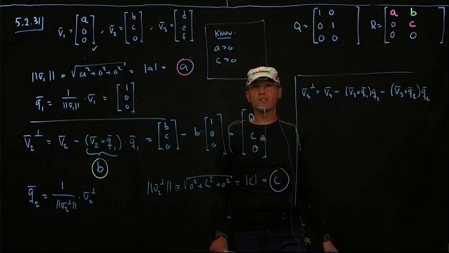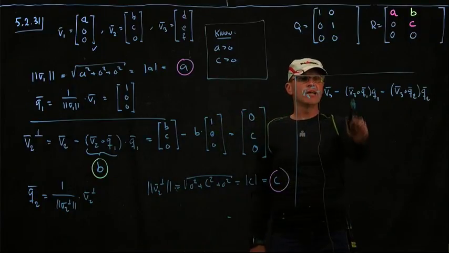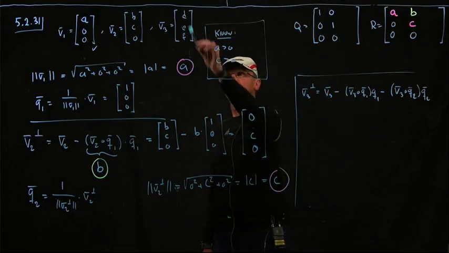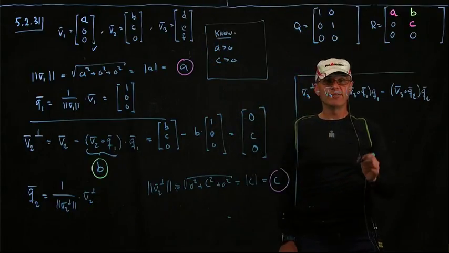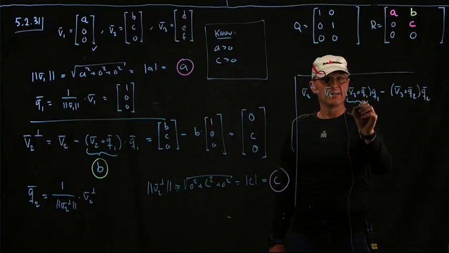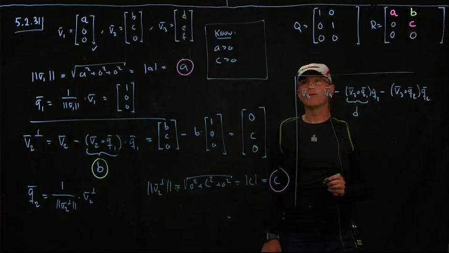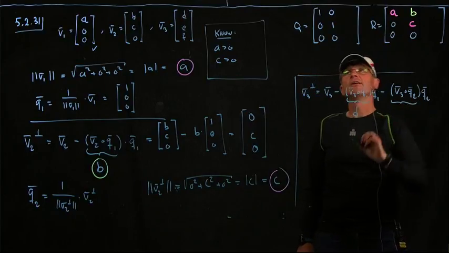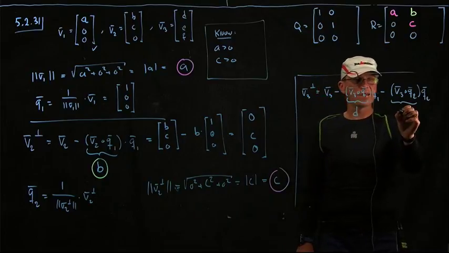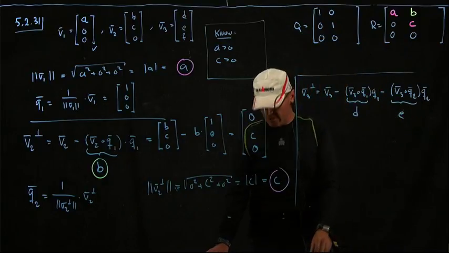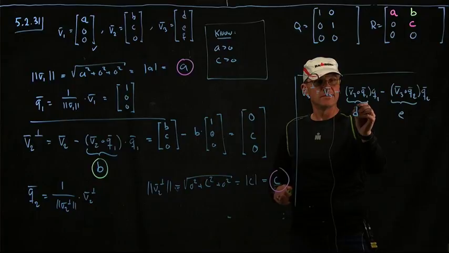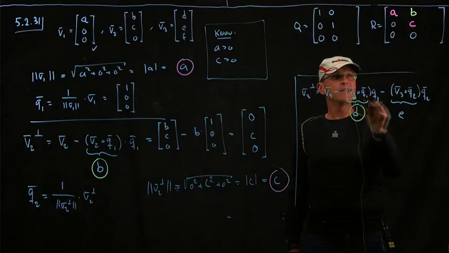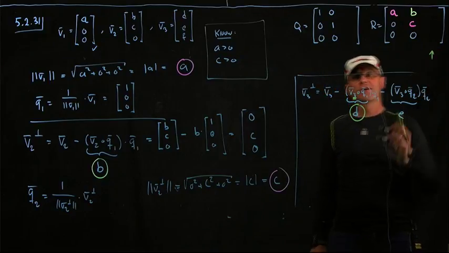So the dot products are still very friendly, right? V3 dotted with Q1, we're just going to pick out the first element of the V3 vector. So this is D, and when we dot with Q2, we're picking out the second element, so we pick out E. D being a dot product, the 3 tells us that we end up in the third column.